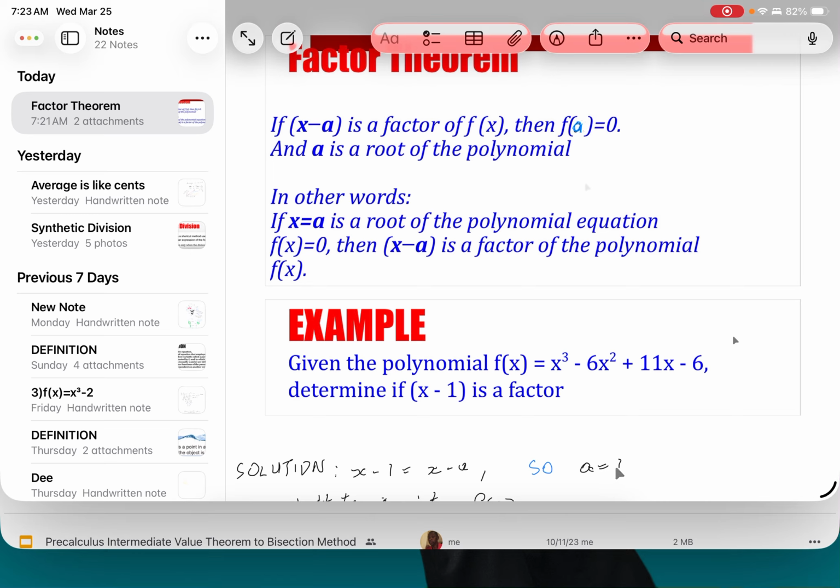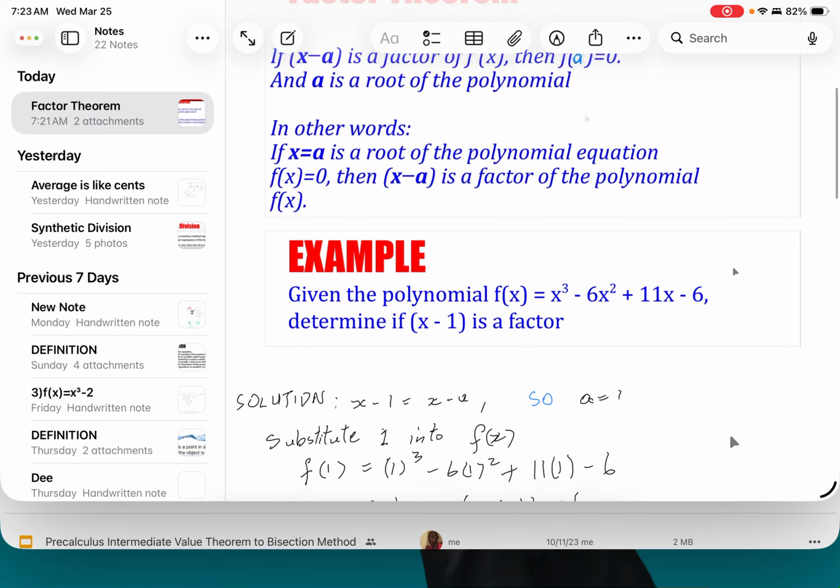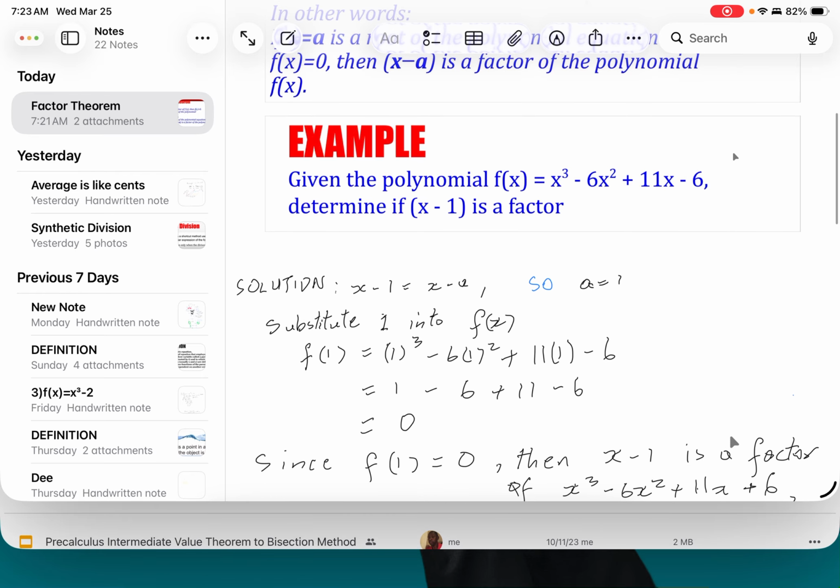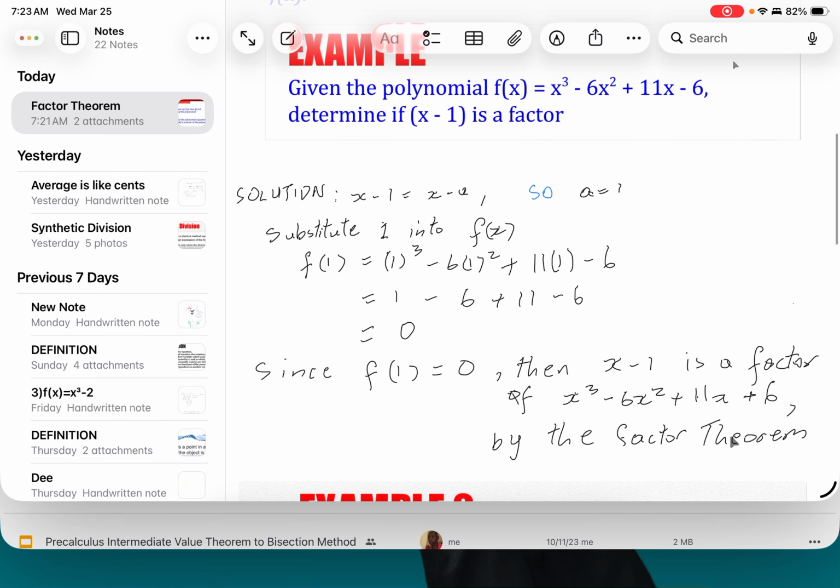A third way would be just thinking of x minus 1, setting x minus 1 equal to 0, adding 1 to both sides and you get x equals 1. So either way, we are going to plug in 1 into the original equation.